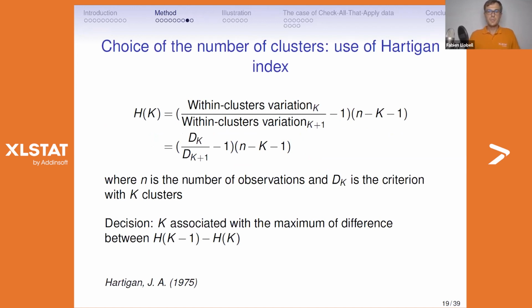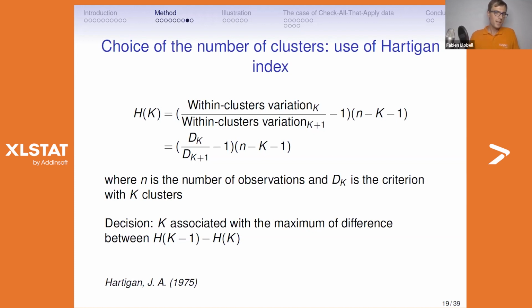Another important thing is the choice of the number of clusters. We propose two different adaptations of well-known indices. The first is the Artigan index, which is based on a ratio of two within cluster variations at different successive levels.